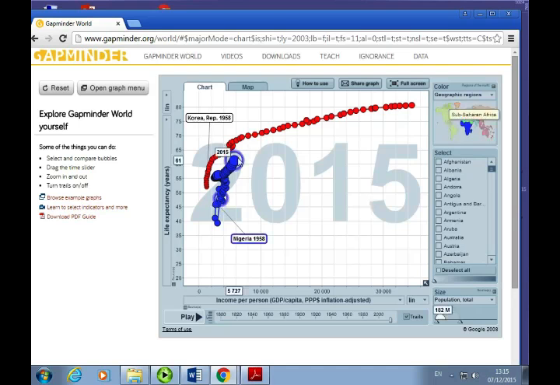Nigeria today is as rich as South Korea in 1975. Today, 2015, as rich as 1975. So in a way, it gives you about 40 years. Nigeria is 40 years behind South Korea in terms of income per capita. A drastic story of divergence.